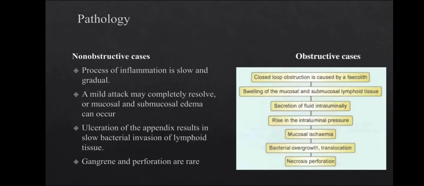Because of the obstruction, these secretions accumulate, and as the fluid accumulates inside the lumen, there will be a rise in intraluminal pressure, and due to that pressure there will be congestion of the vessels, which can lead to ischemia. In addition, there will be bacterial overgrowth due to the accumulation of fluid inside. This ischemia and bacterial growth finally lead to necrosis, perforation, etc. That is the obstructive cases.